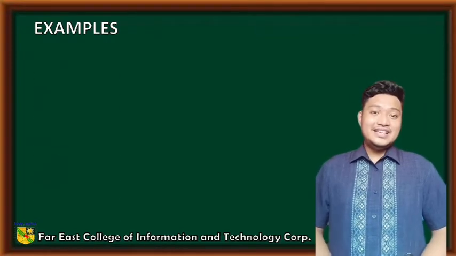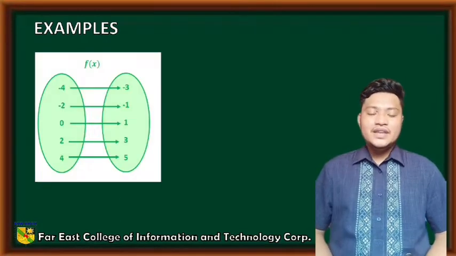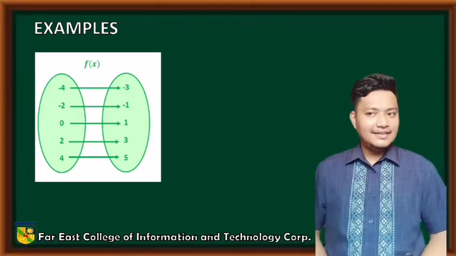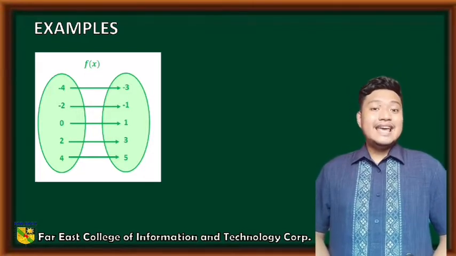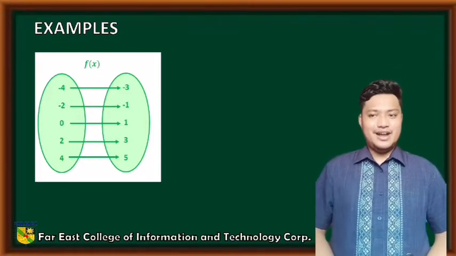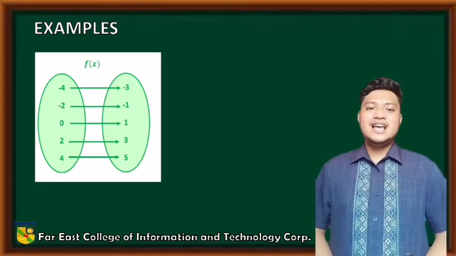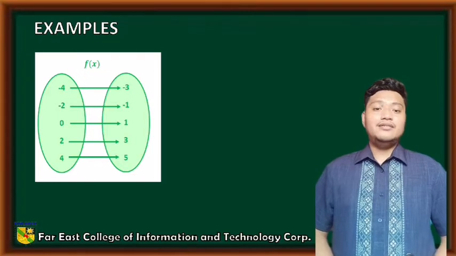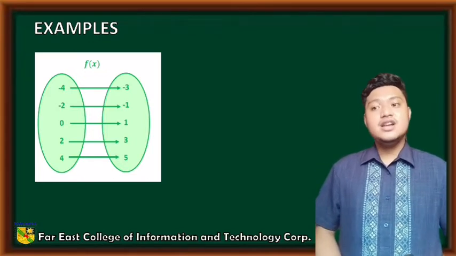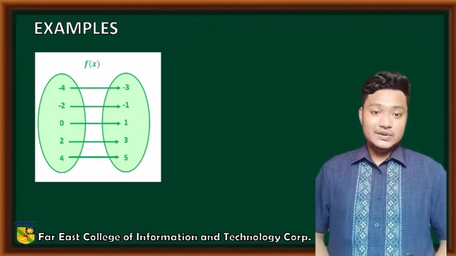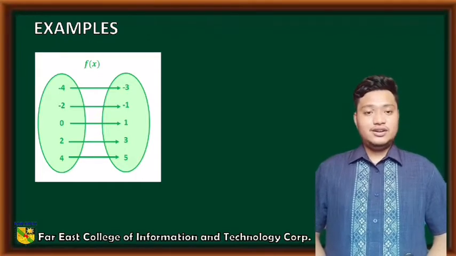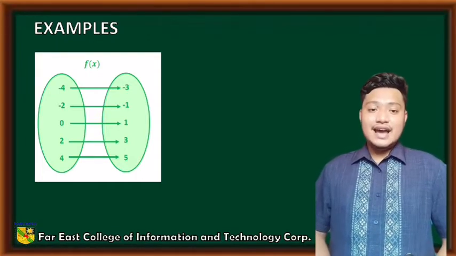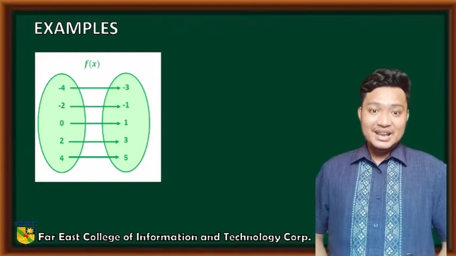So here is the first figure. In the first figure, it shows an example of a mapping diagram. The first circle has the elements negative 4, negative 2, 0, 2, and 4. So you can see that they are unique elements.